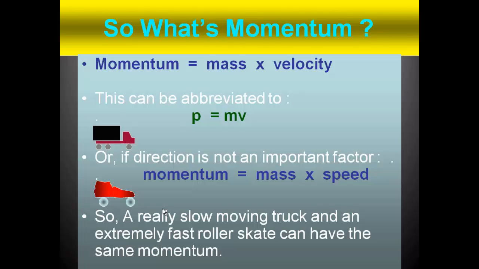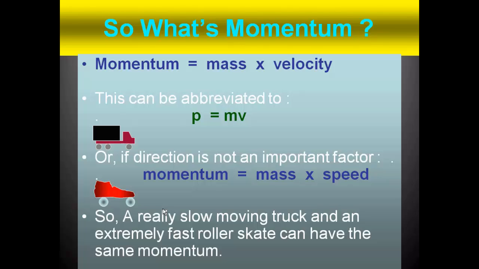So ultimately, I think momentum is really applicable to football a lot of the time. Because I can ask the question of who would you rather get tackled by? Would you rather get tackled by a lineman, or would you rather get tackled by a cornerback or a wide receiver? Well, the answer is it depends.